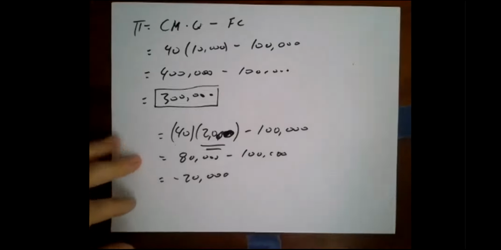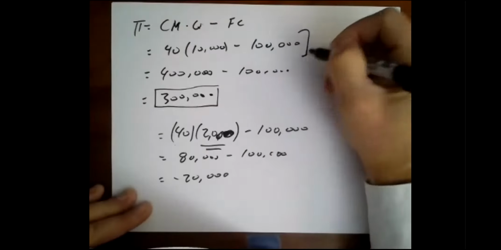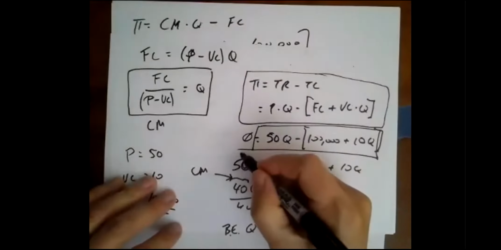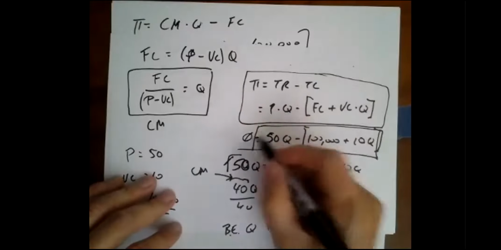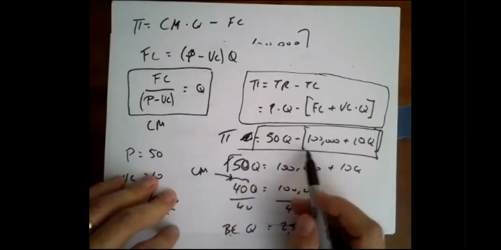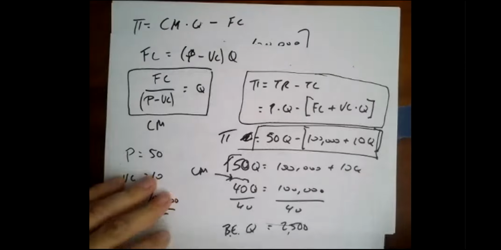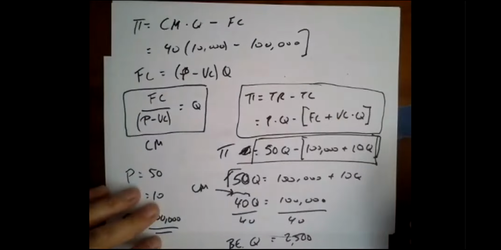All right. So once you have this formula, you can have this variation for the organization. Let's say profit for this organization is 50Q minus fixed cost plus variable costs, or you can have it as contribution margin times quantity minus fixed cost.